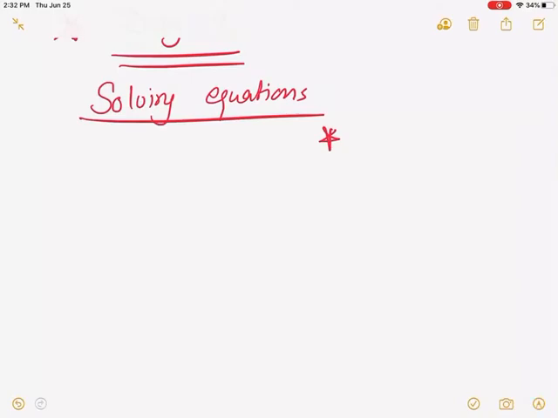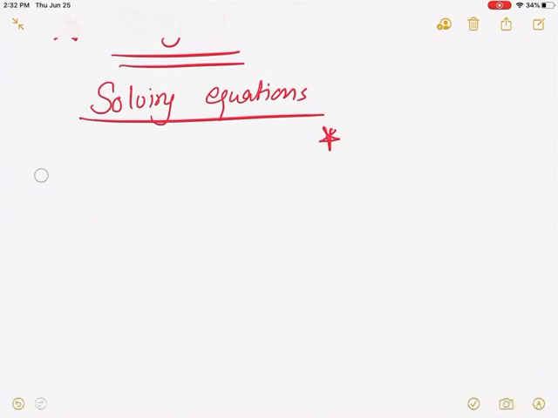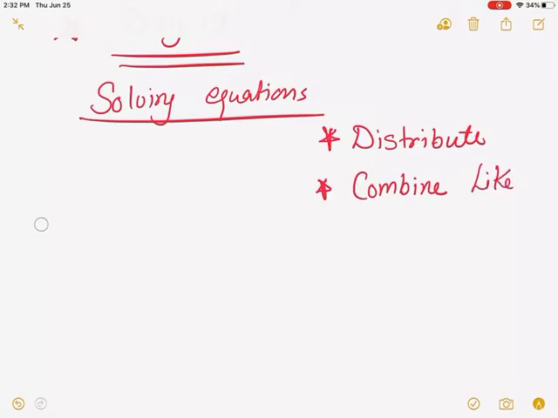If there's any two-step problem, the first step should be distributing. So distribute any number or any term. If you see anything you can apply the distributive property on, do that first. Your next step needs to be combining like terms.